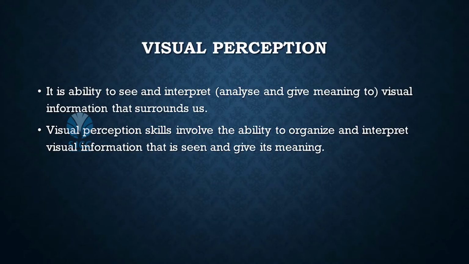Everywhere is visual. When you are on the road, there are visuals everywhere, right? On billboards, in advertisements. When you go to a mall, if you want to use the loo, you look for a toilet sign. Otherwise, you will get into trouble, right? So you interpret it. It's called visual perception. It's the ability to see and interpret the visual information that surrounds us, to organize and interpret visual information that is seen and give it meaning.